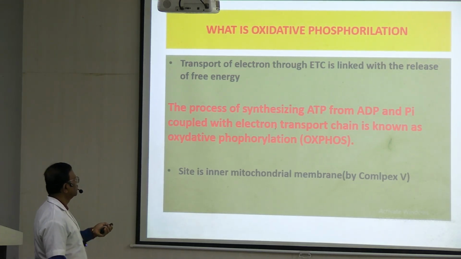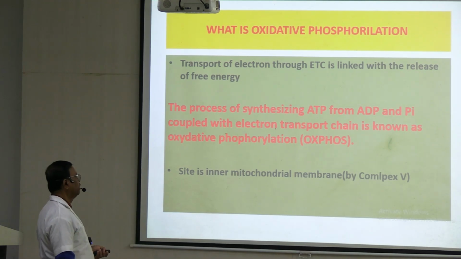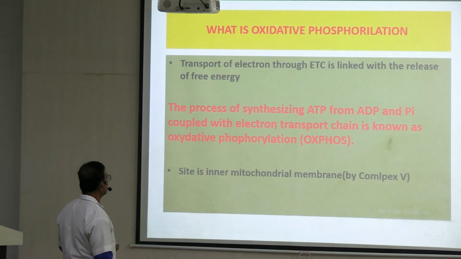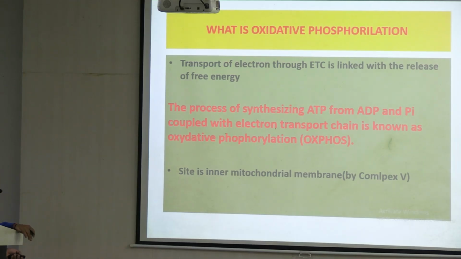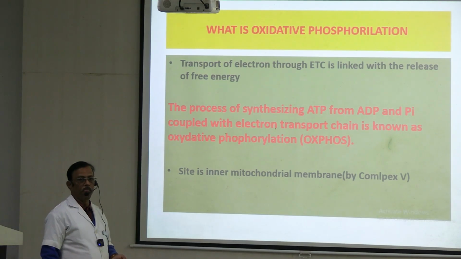The process of synthesizing ATP from ADP and inorganic phosphate coupled with the electron transport chain is known as oxidative phosphorylation. The site is the inner mitochondrial membrane, by complex 5.